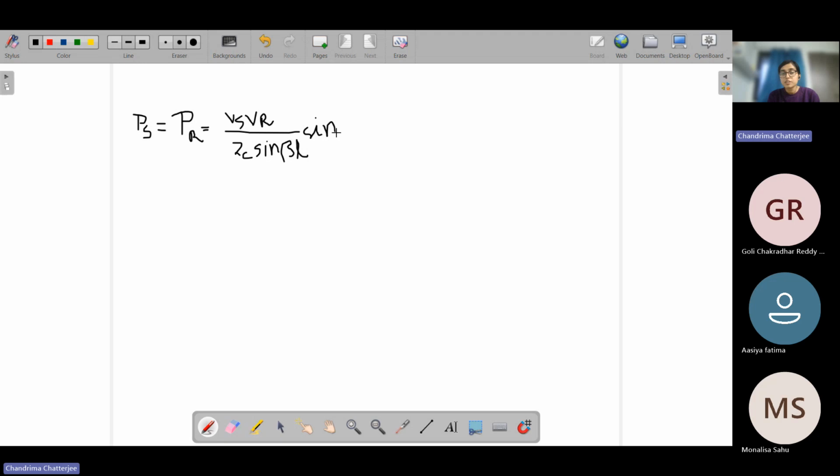If you see this expression, nowhere can you find any x. X can be any point from the sending end to the receiving end. It is independent of the distance, the length, because there is no x here.